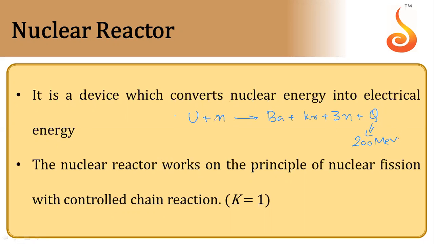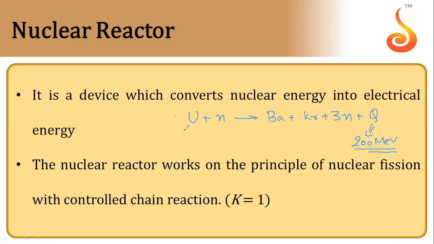So if there is one nucleus of uranium which is undergoing fission, then 200 mega electron volts of energy is released.